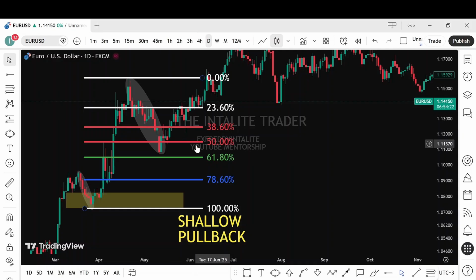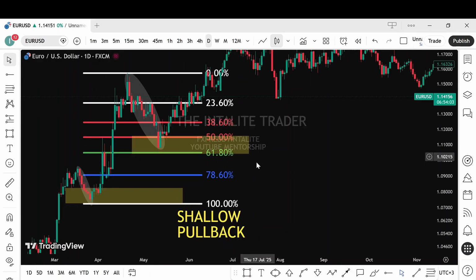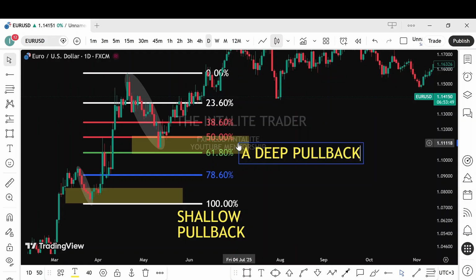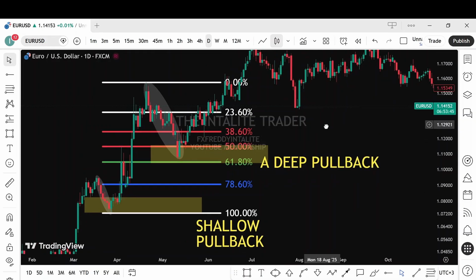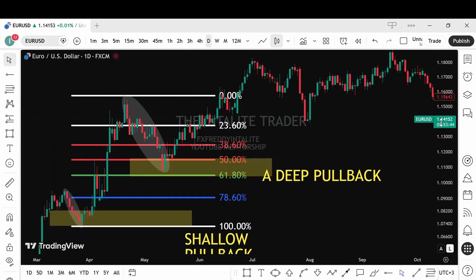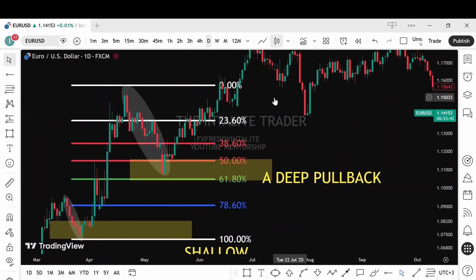The zone between 50 and 61.8. So that one is a what? A deep pullback. This is a deep pullback. And if you remember very well the traits of an uptrend, we said in an uptrend you have more green candles than red candles.